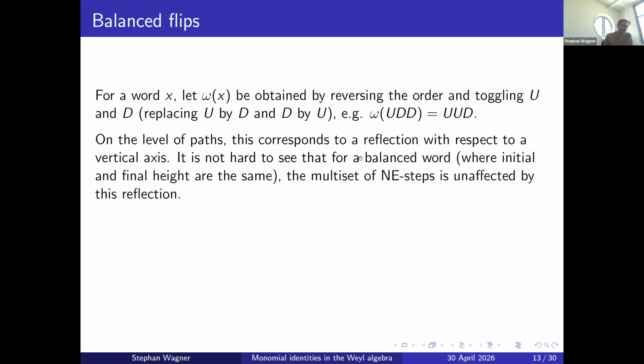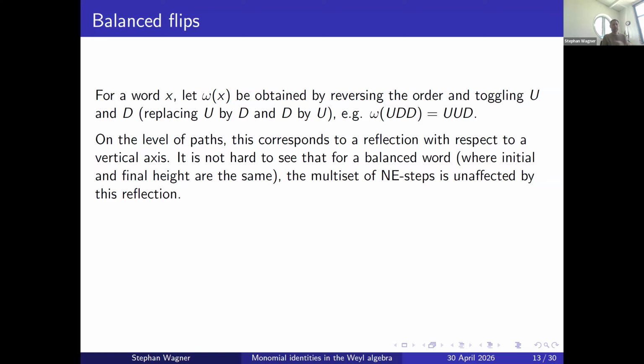So for a balanced word, the multiset of northeast steps or the multiset of southeast steps is unaffected by this reflection, because if a word is balanced, then the corresponding path has to start and end at the same level. So then it's pretty clear that at every level you have to go up as many times as you go down. So when you reflect, that's still the case.